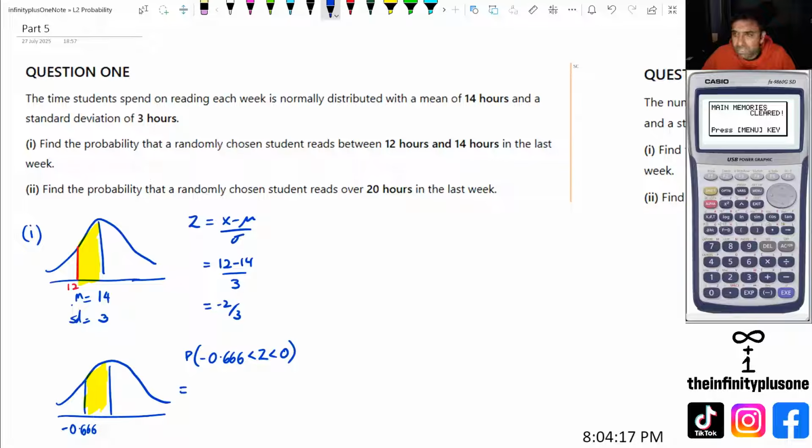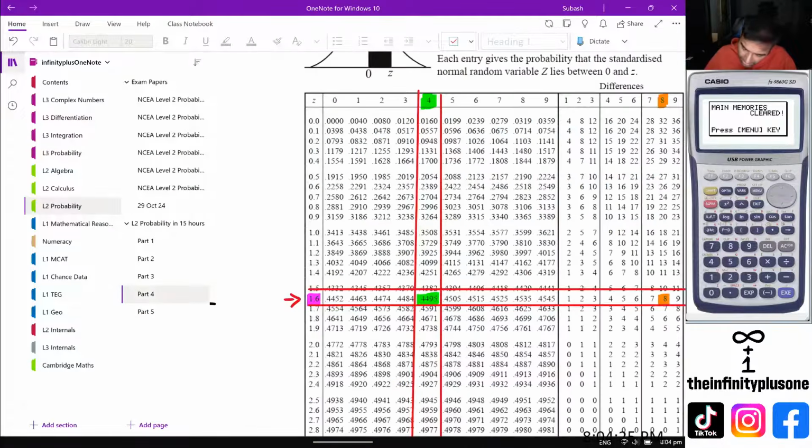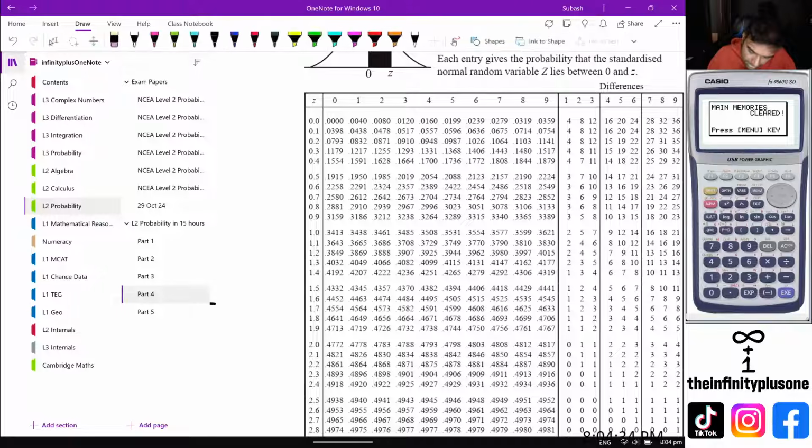I showed you folks the other time where the probability table was. Here it is. I'm just going to get rid of all of this because that was the previous one. So we're looking for 0.66 and 6 there, so it's going to be 2, 4. I'm going to put this in the calculator: menu 1.